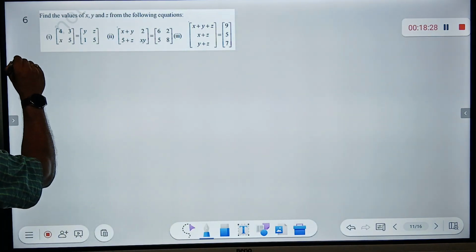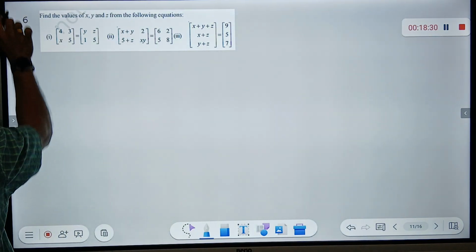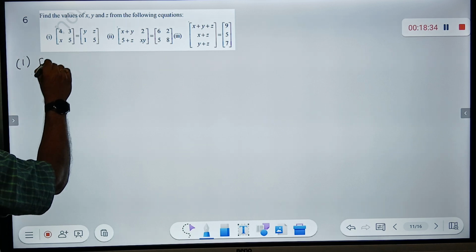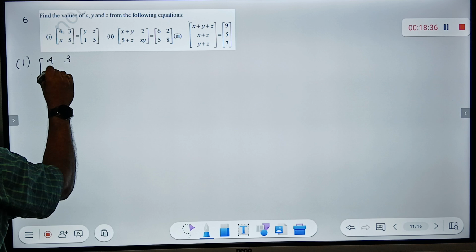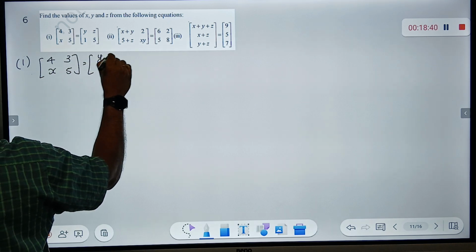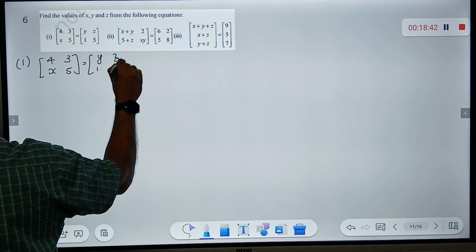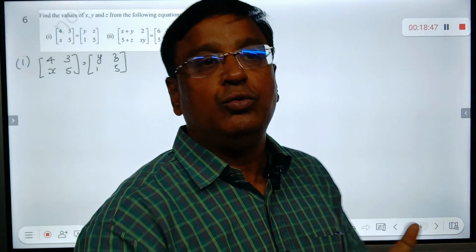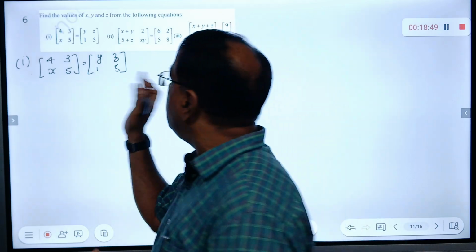Let us look at the first subdivision. You can see clearly this is 4, 3, x, 5 and this is y, z, 1, 5. Both the matrices are of same order because both are of order 2 by 2 and the corresponding elements are equal.